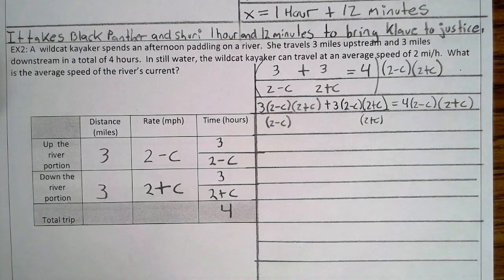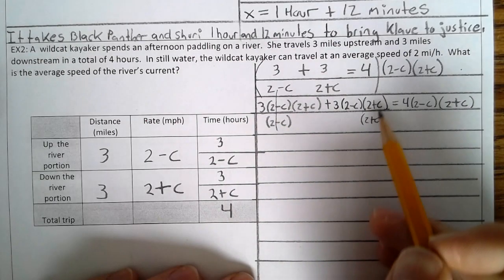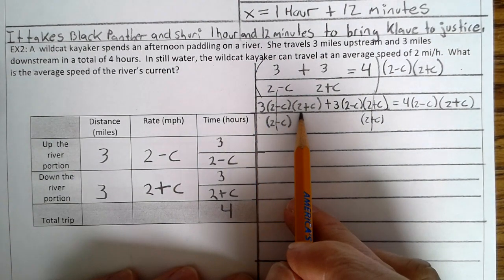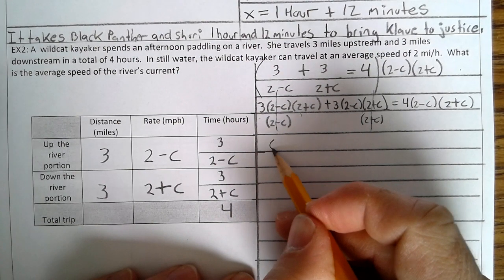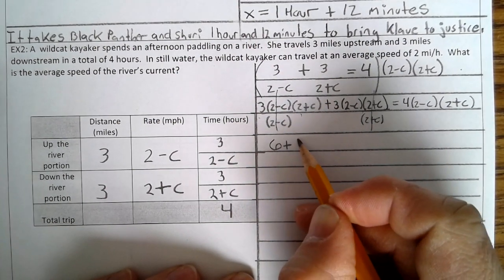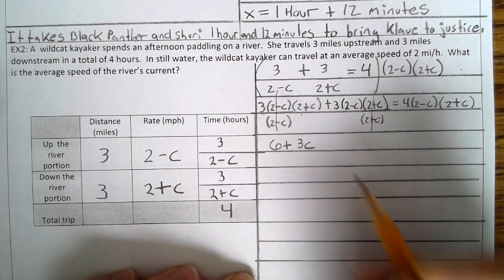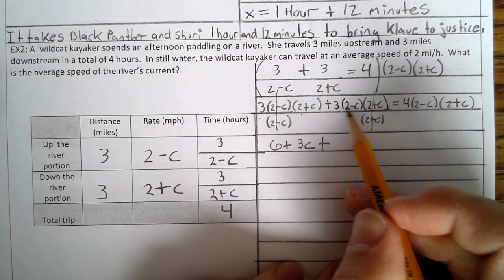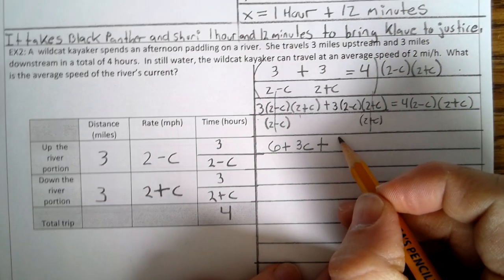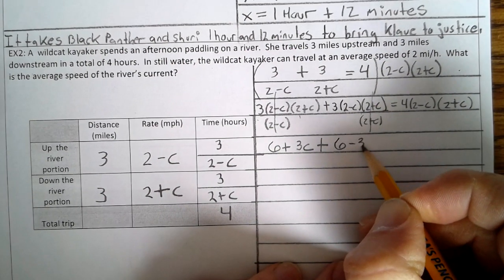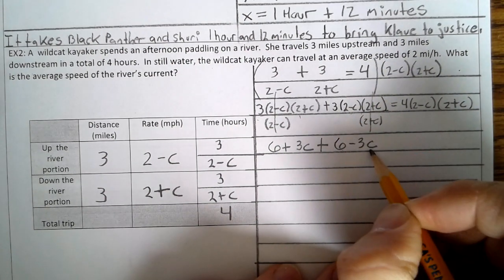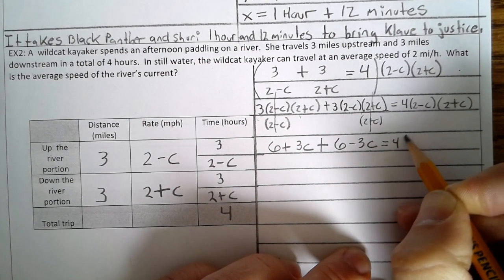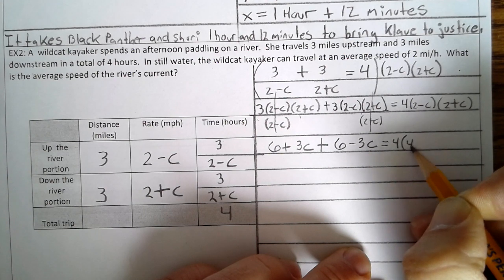Now we multiply. So 3 times 2 plus c is 6 plus 3c plus 3 times 2 minus c is 6 minus 3c equals 4. Now we need to FOIL. So 2 times 2 is 4. 2 times c is plus 2c. Negative c times 2 is negative 2c.